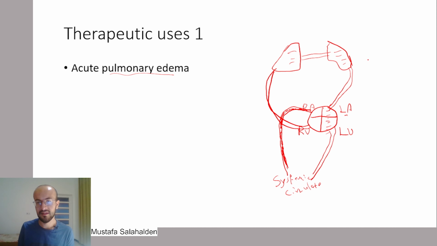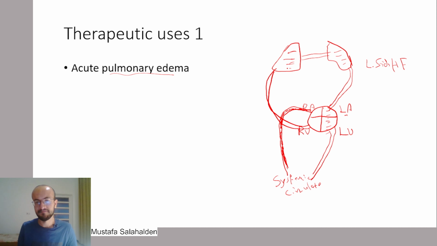So in case of left side heart failure, the left side is unable to collect the blood coming from the pulmonary veins, and this would lead to the blood congesting here in the lungs.